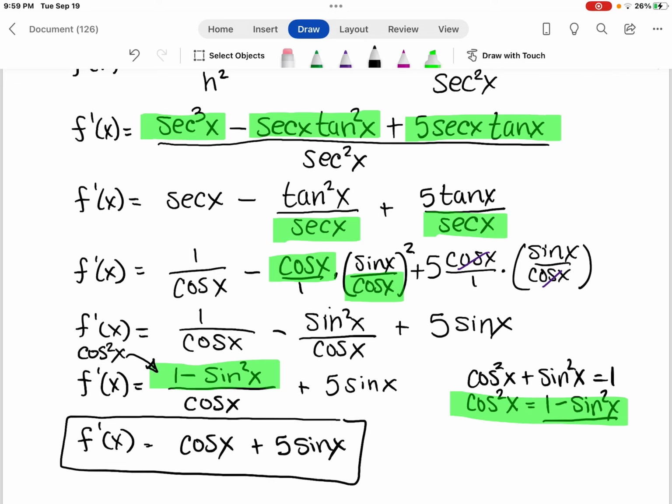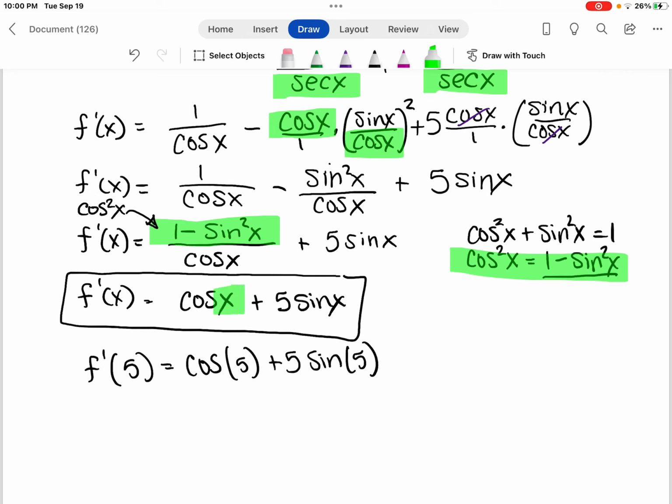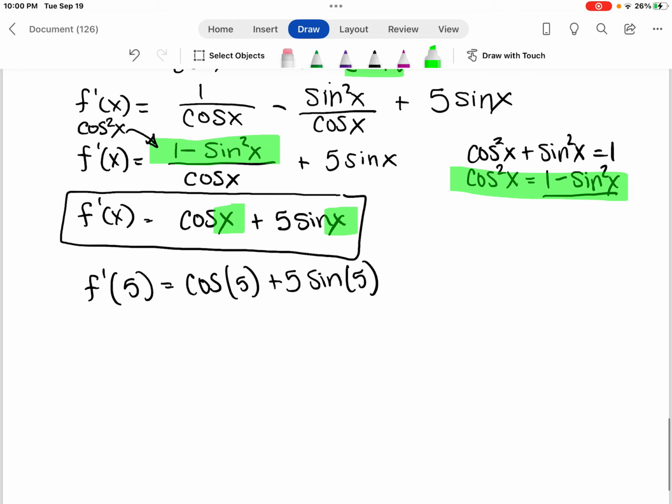So now that we have our derivative, we now have to evaluate this at x equals 5. So everywhere that I see x in my derivative, I'm going to replace it with 5. So that is going to be substituted with 5, and so is this.